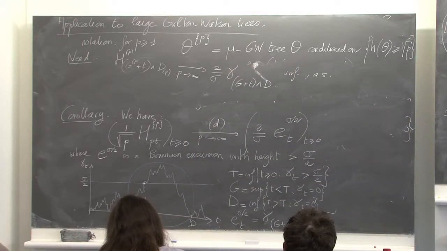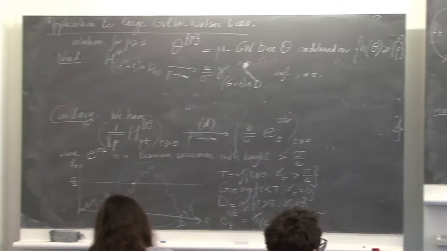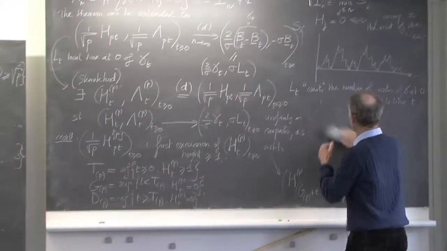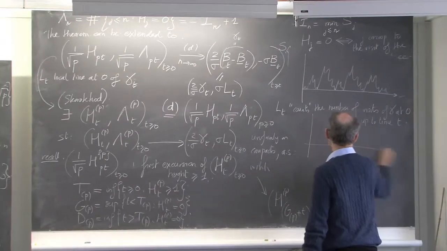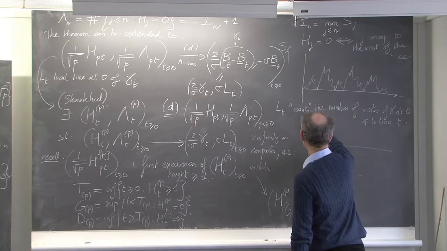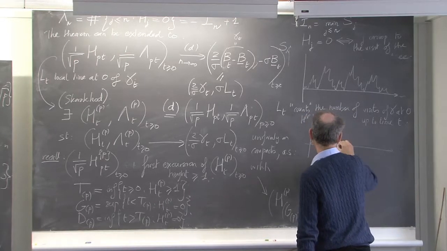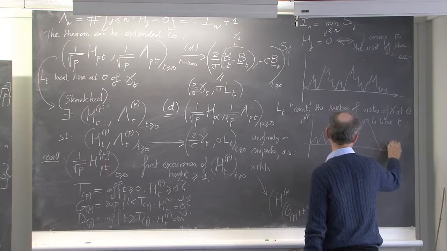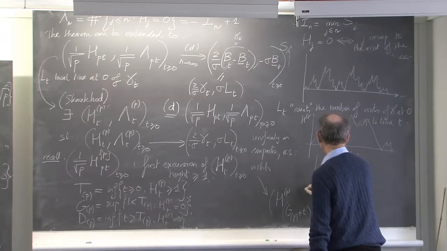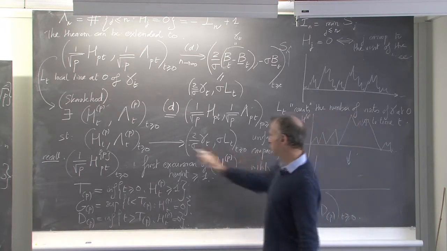So we are not in a too bad situation. Essentially, now you do a deterministic argument. You use the fact that you have your functions H_p, and you know that they converge. Now it's an almost sure convergence here.